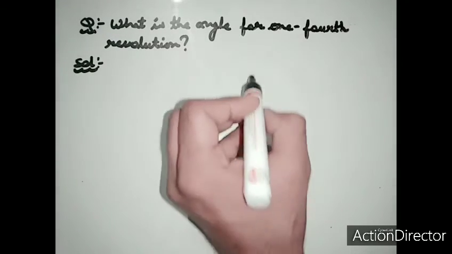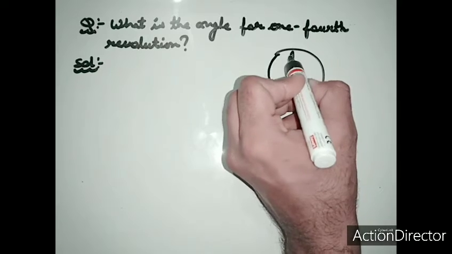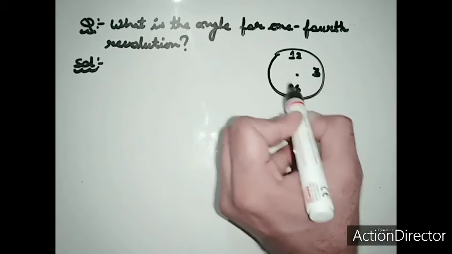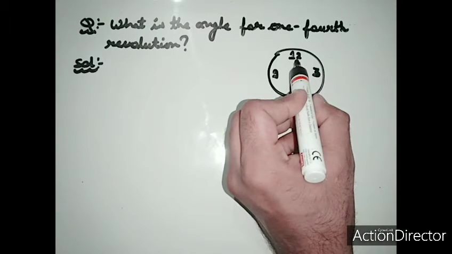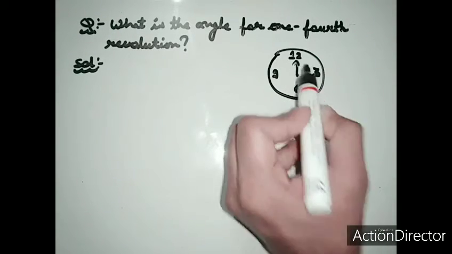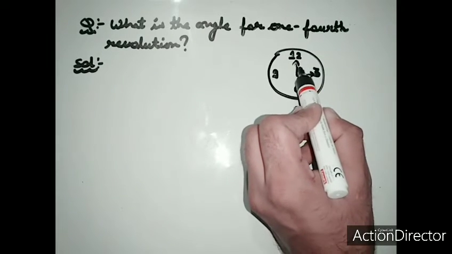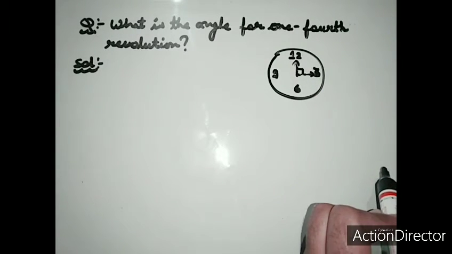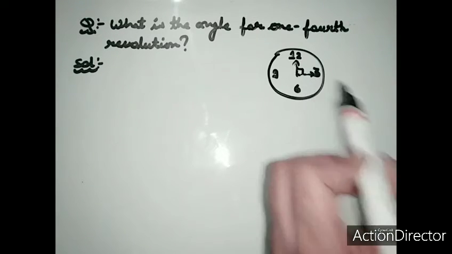Right, now here we again make a figure of a clock, 12, 3, 6 and 9. So now here we make 1/4. Start with 12 and move to 3. Now this part, what degree angle is it? It is a 90-degree angle.